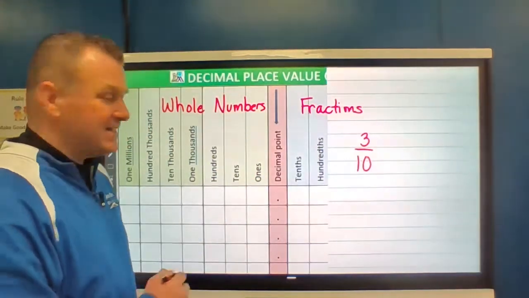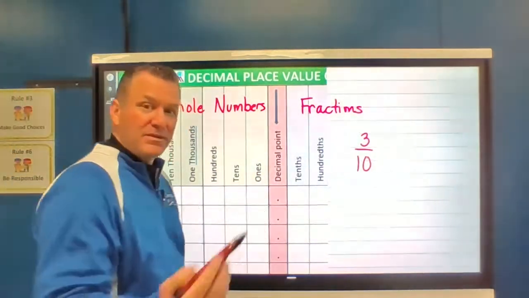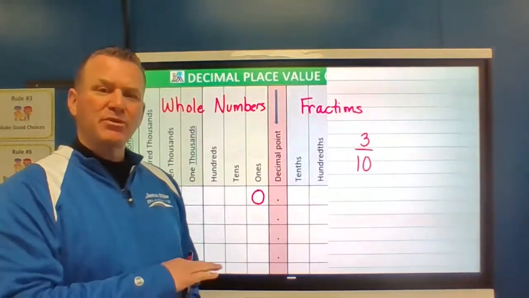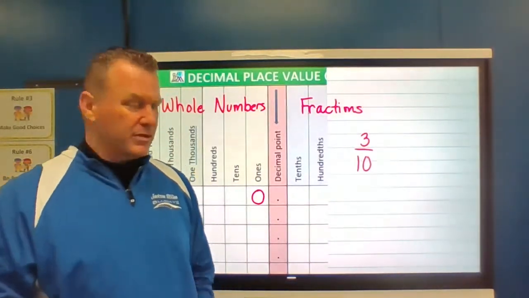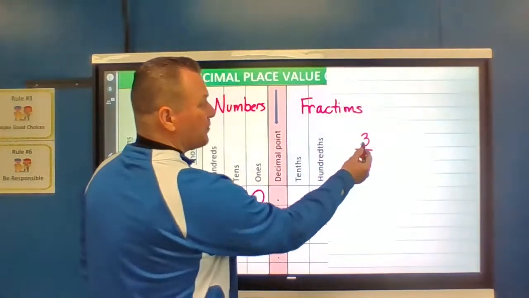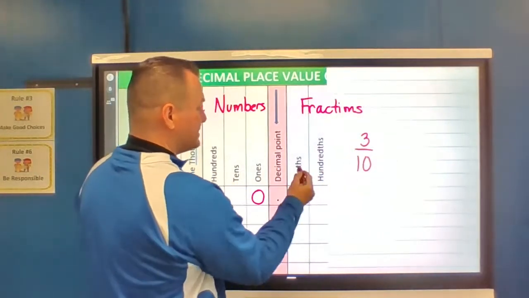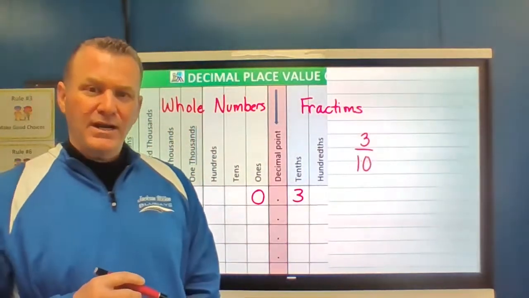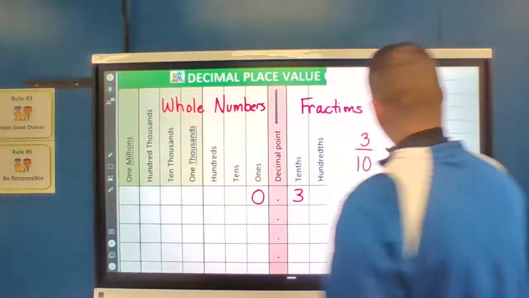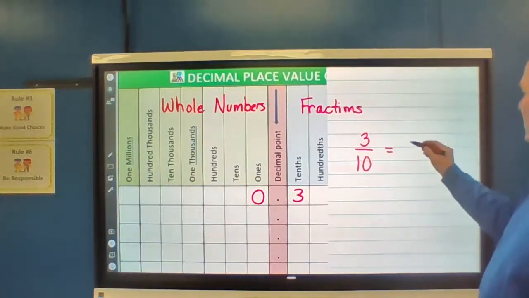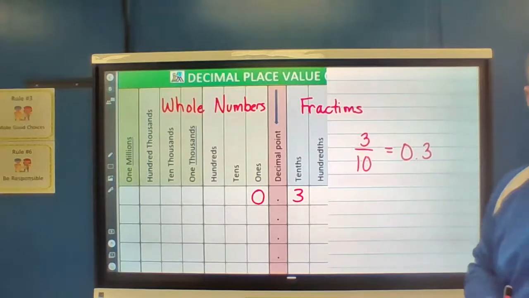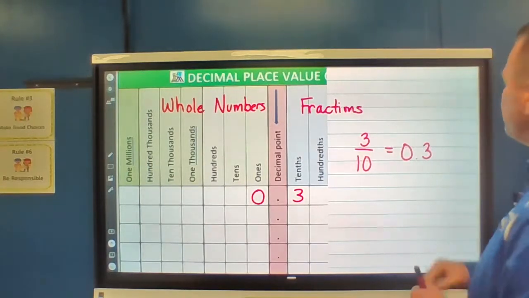So 3/10 would look like, and we have been doing this, we'll put a 0 as a placeholder to represent no whole numbers. 0 and 3/10. Tenths. Put the 3 in the tenths. That is how you write 3/10. Or in other words, 3/10 looks like 0.3. That is 3/10. Okay.